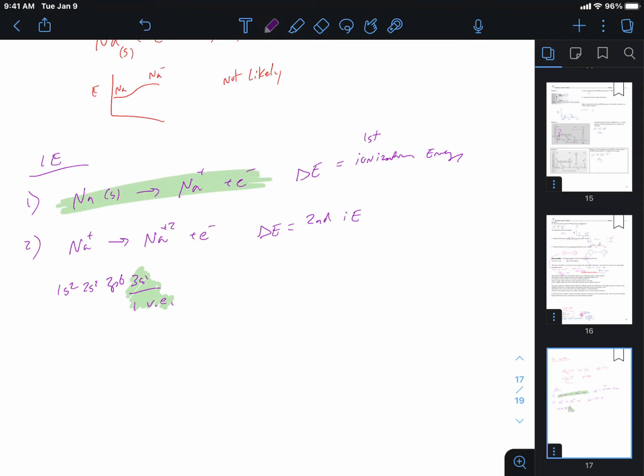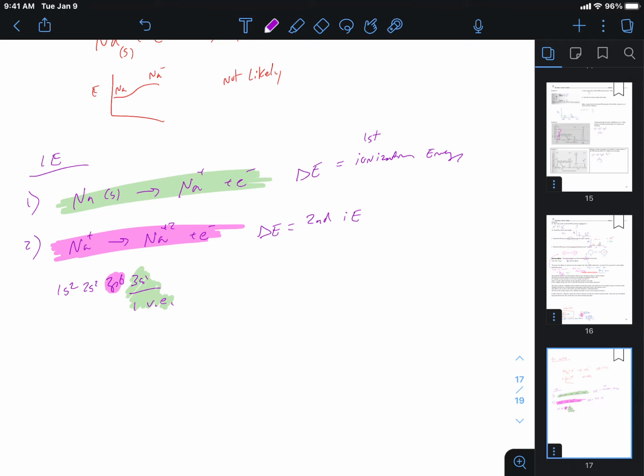But if you were to try to remove a second one, this process here means you're removing one of these, and that's considered a core electron. More importantly, it's just so much closer to the nucleus compared to the third energy level electron that the energy cost is going to be significantly higher.